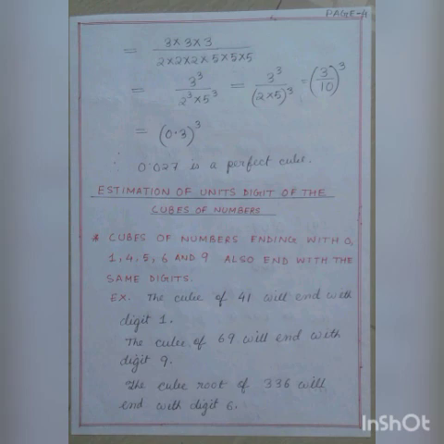In the same way, the last digit of 69 is 9, so its cube will end with digit 9. The same way, the cube root of 336 will end with 6. Following the same rule, we can say that the cube root of 336 will end with digit 6.